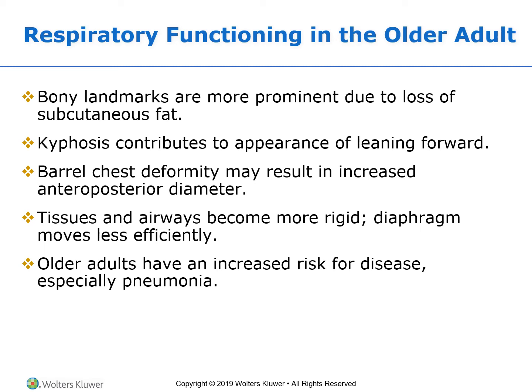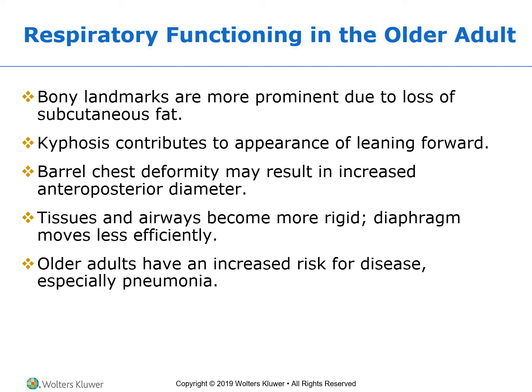And then the heart. As the heart ages, it usually can maintain the cardiac output as long as there's not additional stressors being placed on it. Okay, when we put additional stressors or we increase the workload and the demands on the heart, then other things can happen to the heart.